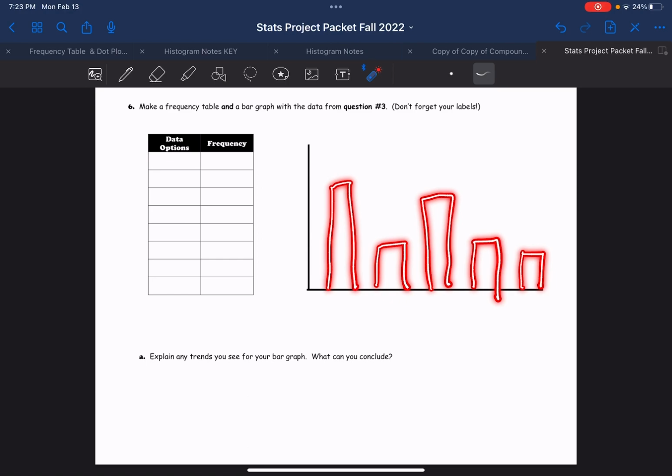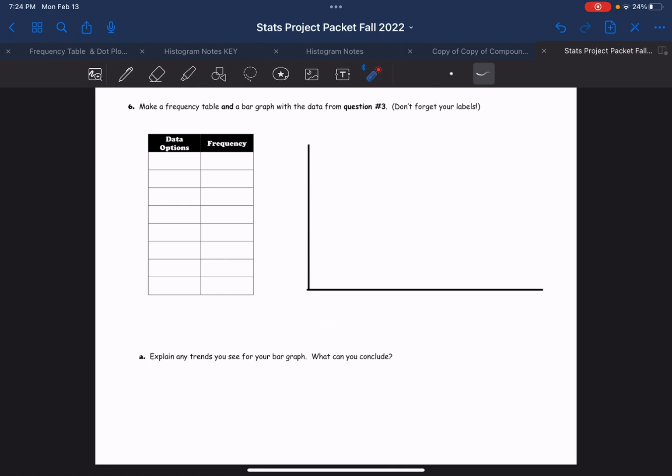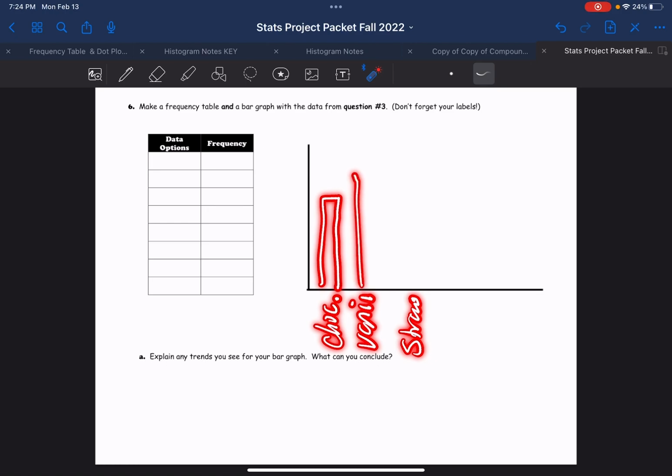They're all separate things. So flavors of ice cream, label it. Tell me which different ones there are. So there was chocolate, vanilla, strawberry, okay? And I should see non-connecting bars up here to tell me how many.